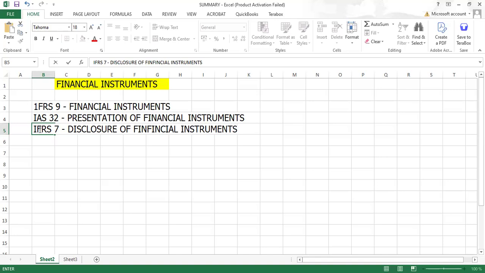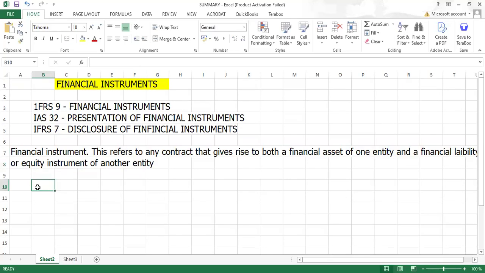But what is a financial instrument? What do you understand by a financial instrument? What are these financial instruments that we are talking about here? Of course, you need to understand what is your financial asset, what is your financial liability. Understand the financial assets.